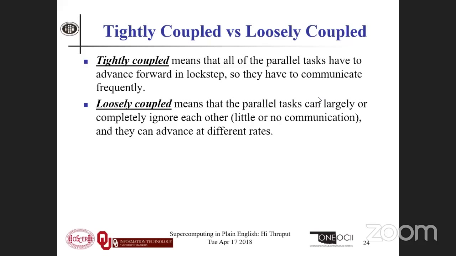I mean, there's maybe a little room to wiggle on that, but frequently everything is synchronizing so that even if they get a little bit off of being perfectly synchronized, they resynchronize frequently. And so they're more or less in lockstep, even if not perfectly. Whereas in a loosely coupled application, all the different tasks could be at totally different places in the calculation, and it doesn't matter. Maybe once in a great while, there's some kind of synchronization, but not very often.